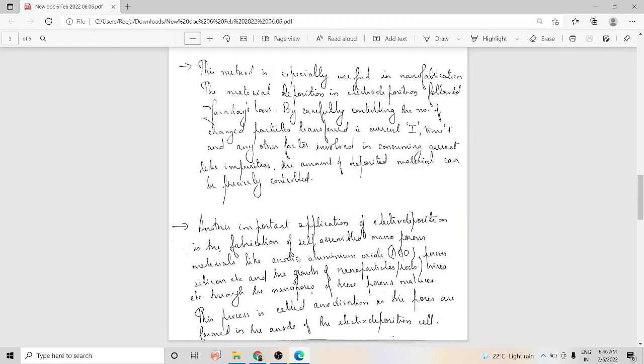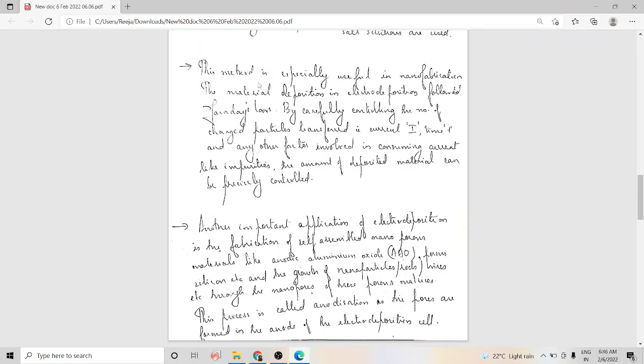It is based on Faraday's laws. So, by carefully controlling the number of charged particles transferred to the substrate, that is, by controlling the current and the time and any other factors involved in consuming current, like impurities, the total amount of deposited material can be precisely controlled.